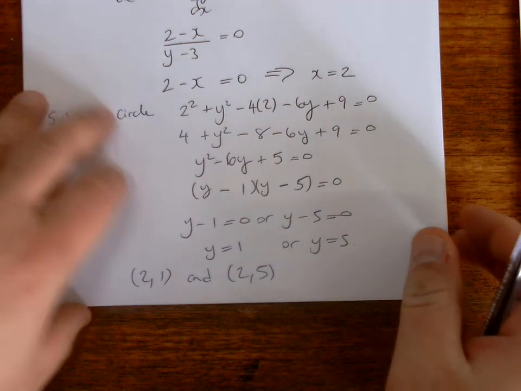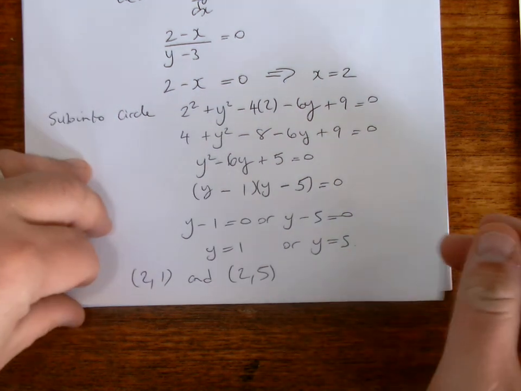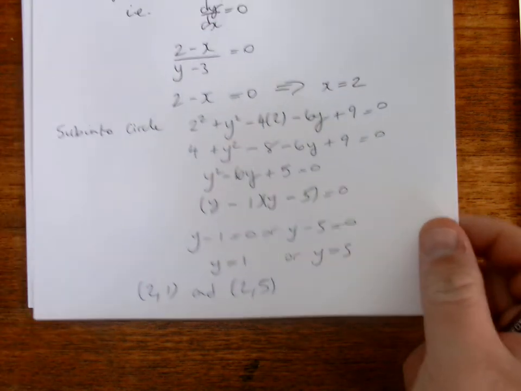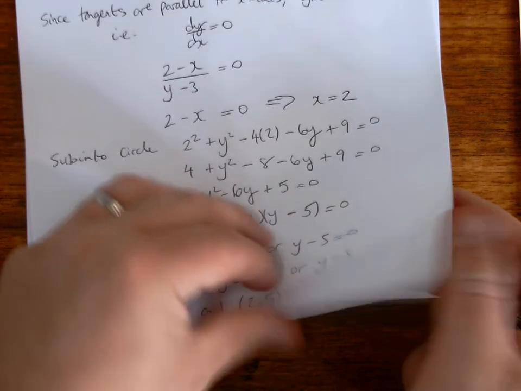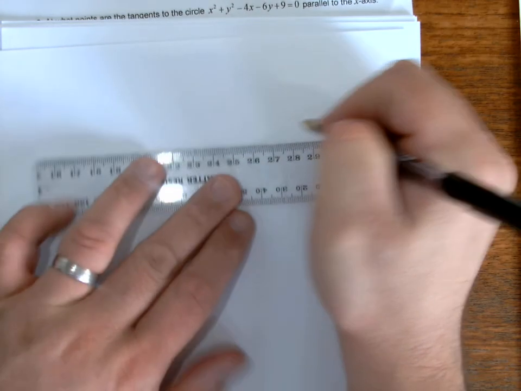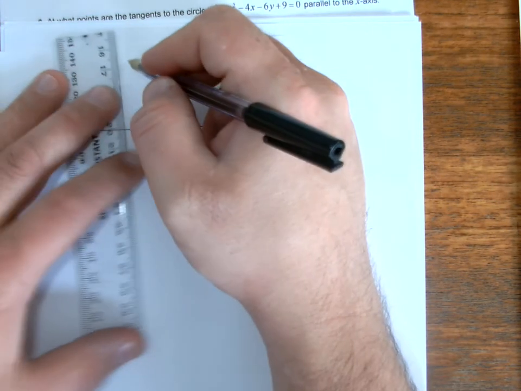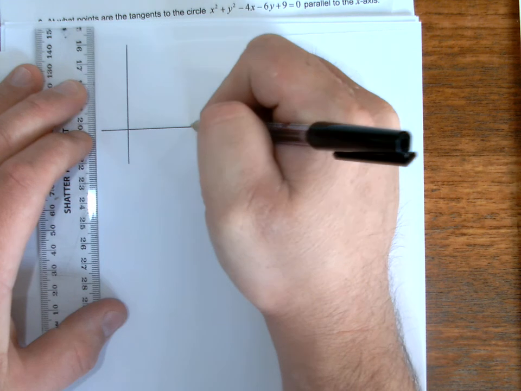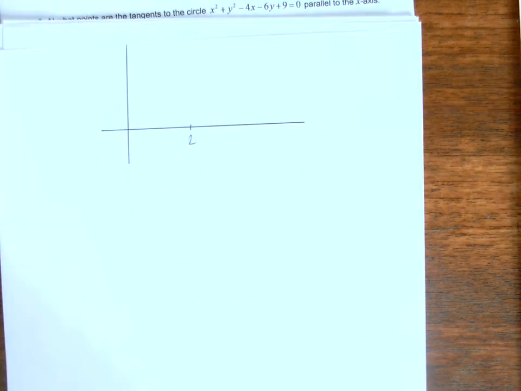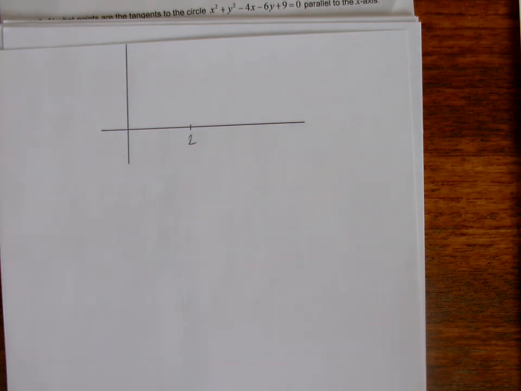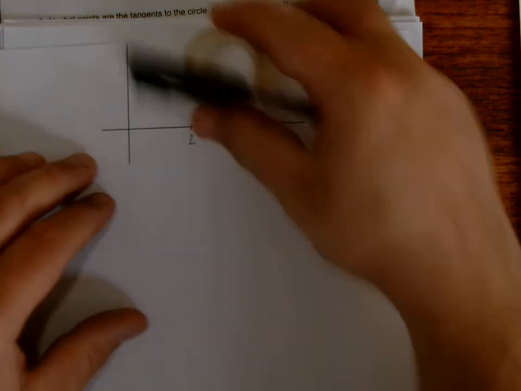So how does that look if we were to draw that? Remember, we're dealing with a circle, so let's see what it would look like. It's focused around the point x equals 2.